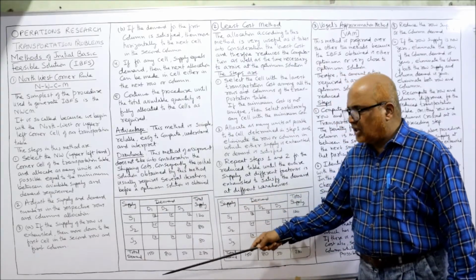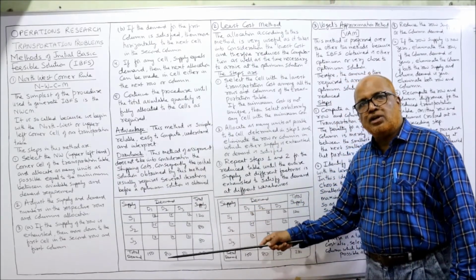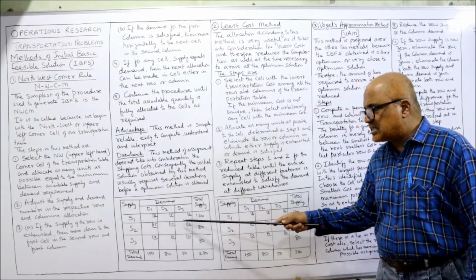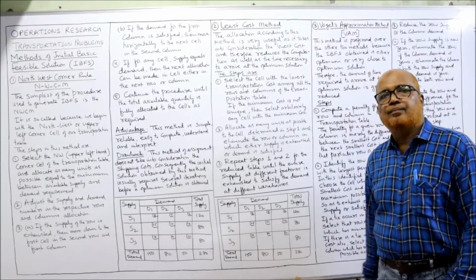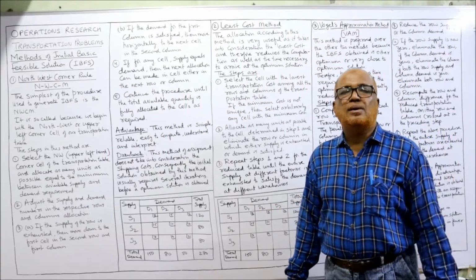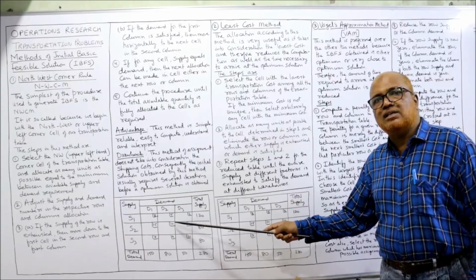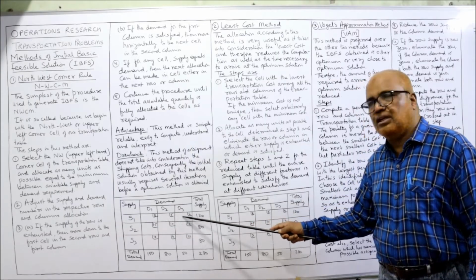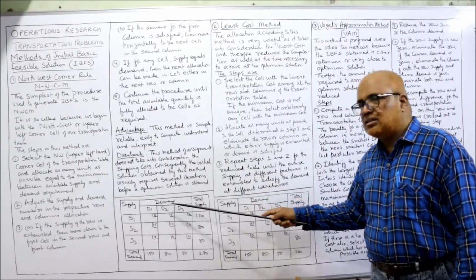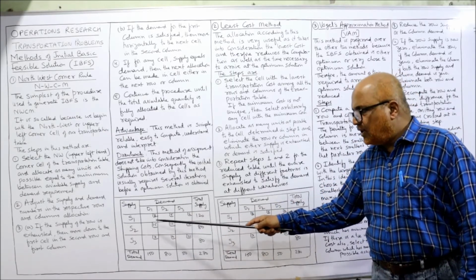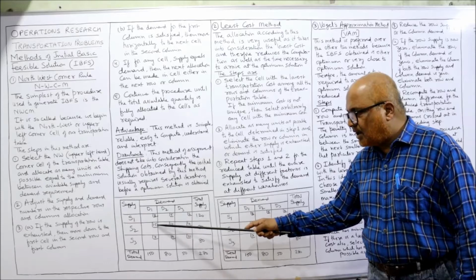Suppose this is the transportation table. In this table, you can see the rows S1, S2, S3 are the supply origins. Three supply origins are there. And in the columns, we have destinations D1, D2, D3. So three rows and three columns. And in every cell, we have written a number.